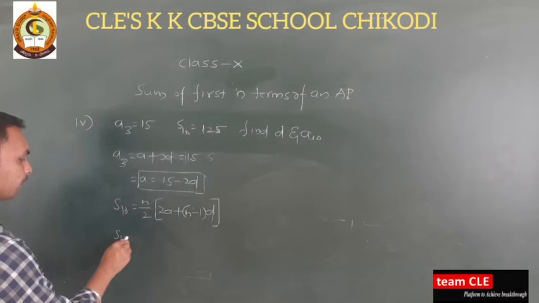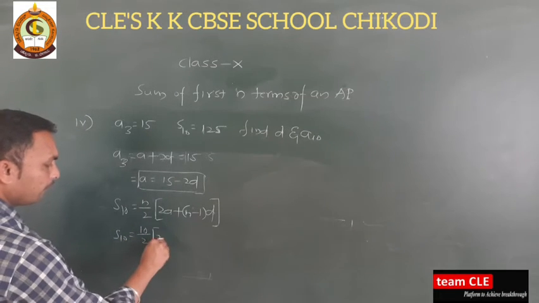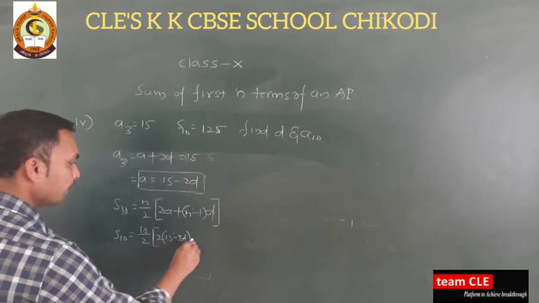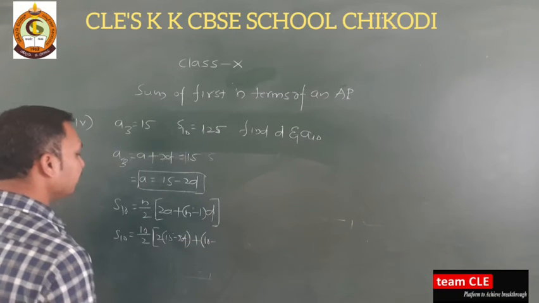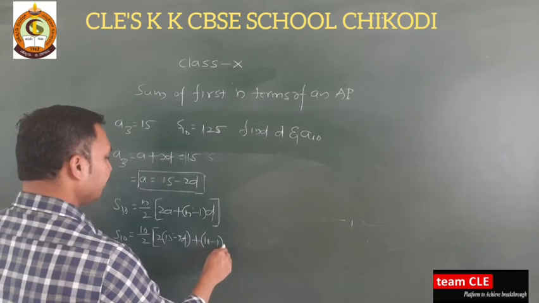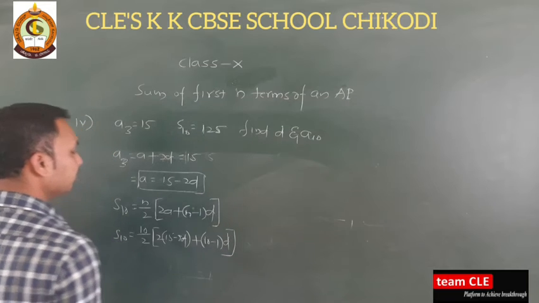Now S of 10, we will get 10 by 2. Now we have 2A, A we have 15 minus 2D, plus 10 minus 1 into D. So we don't have the D, so we can substitute this.